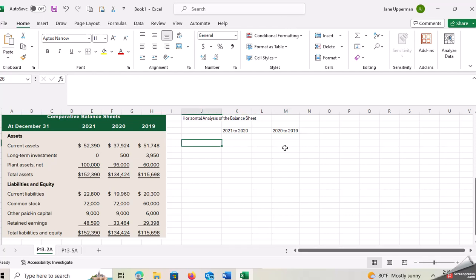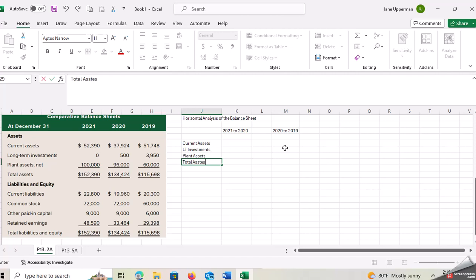So really we're doing the same thing though. We've got current assets, long-term investments, plant assets, total assets.